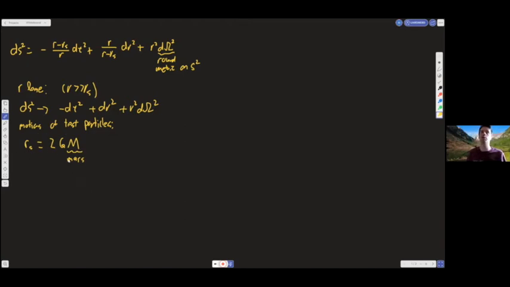And if you like putting in pointless constants, I can write this divided by c squared here. In fact, this radius is called the Schwarzschild radius.